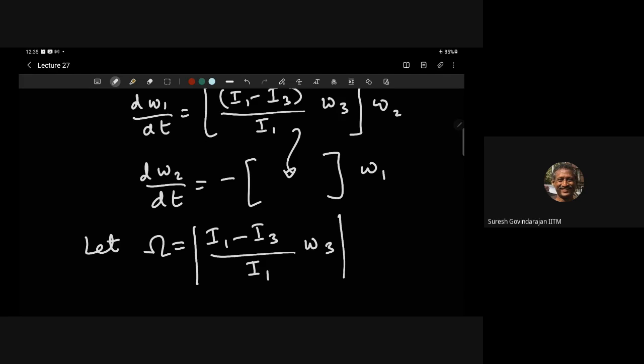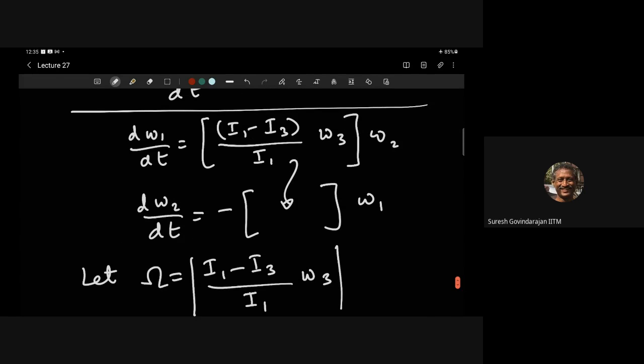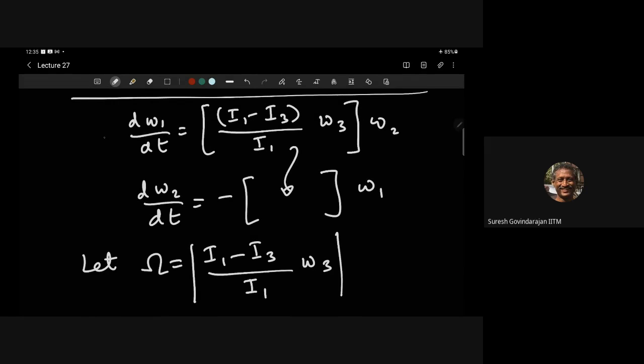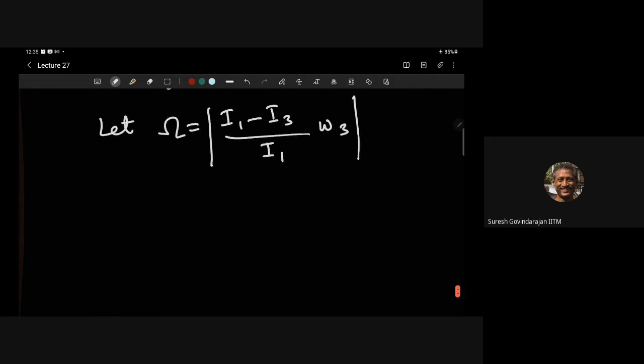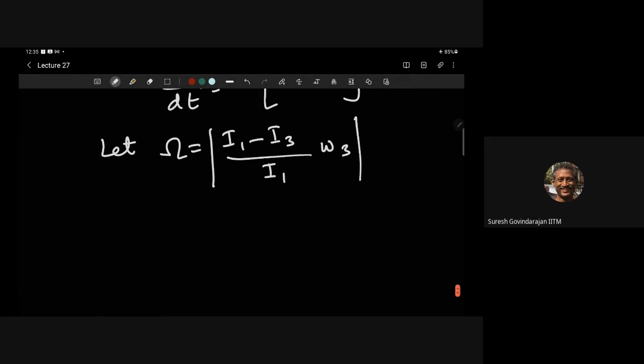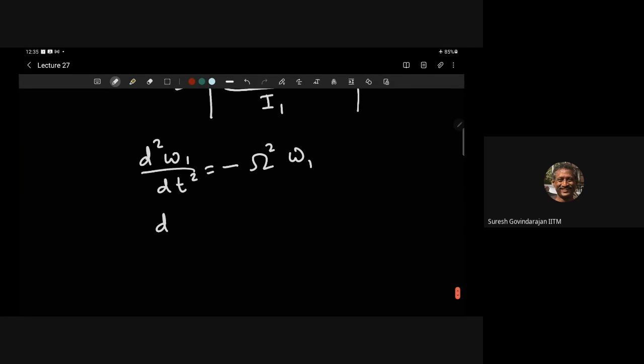Then we can differentiate this one more time with respect to time, and we get d squared omega 1/dt squared is minus omega squared omega 1. Similarly, d squared omega 2/dt squared is minus omega squared omega 2. So these two are equations which we know.